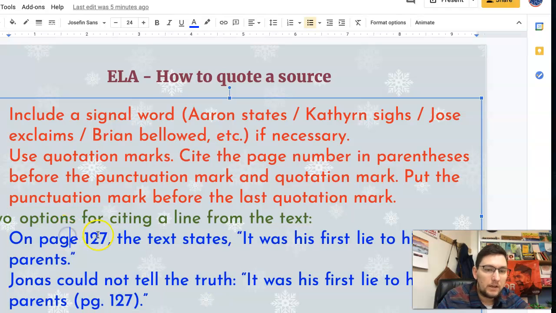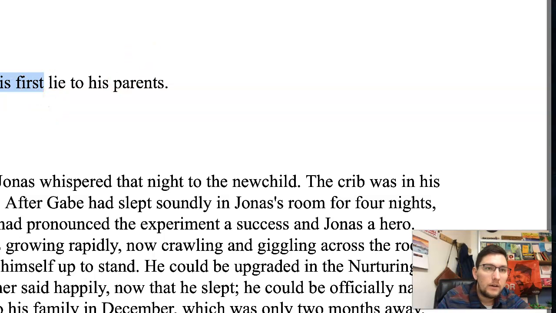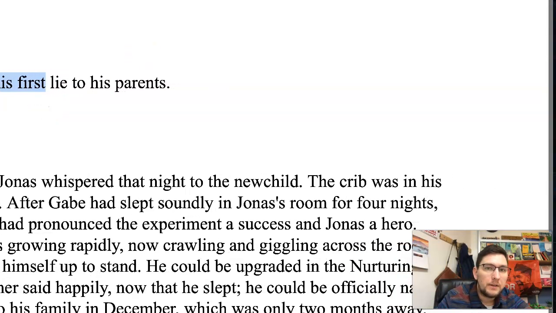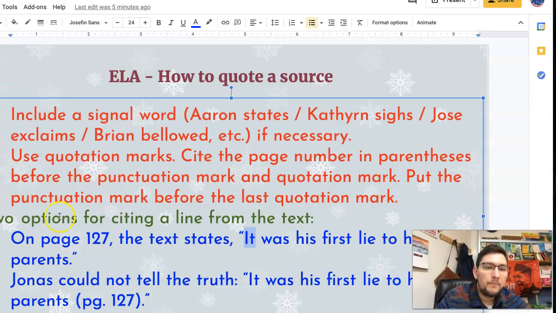On page 127, comma, the text states, comma, space, quote, capital I, because it's the start of a sentence in the book, as it says right here. It was his first lie to his parents. The period is behind the quotation mark, and then you end with a quotation mark.